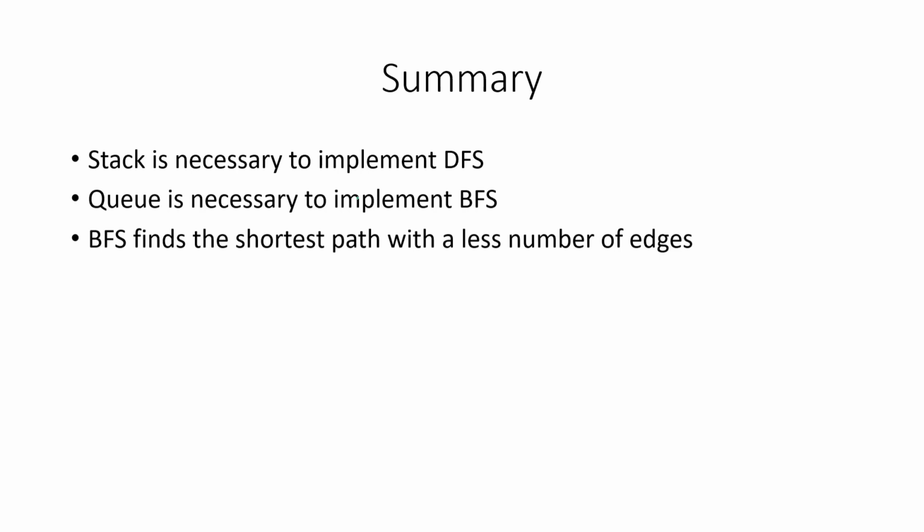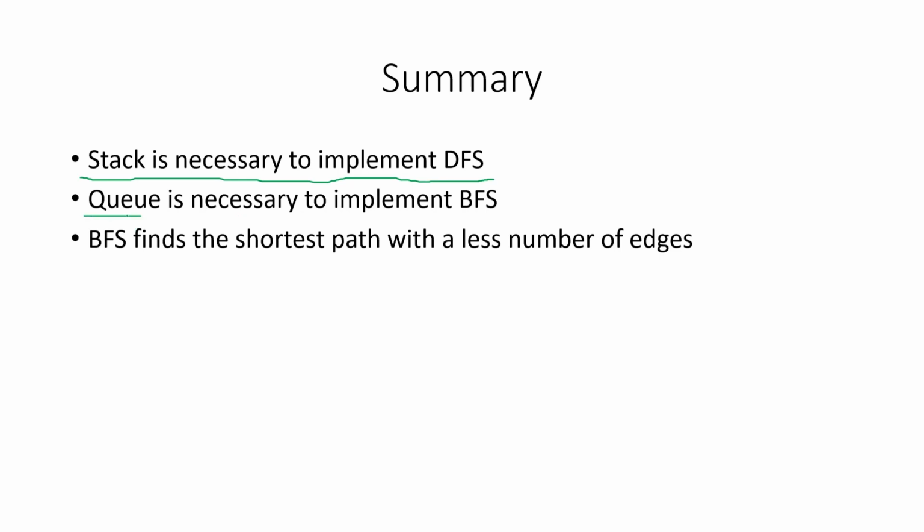So today's summary is that we need to use a stack to implement DFS if we use the iterative way. If we don't use the iterative way but prefer the recursive way to implement DFS, we don't need to use a stack, but the stack is used behind the scenes inside of the compiler.